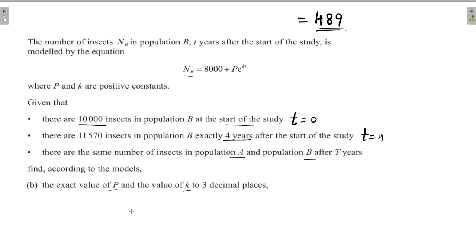So the population of B is equal to 8000 plus P times e power kt. The data says there are 10,000 when T equals 0.